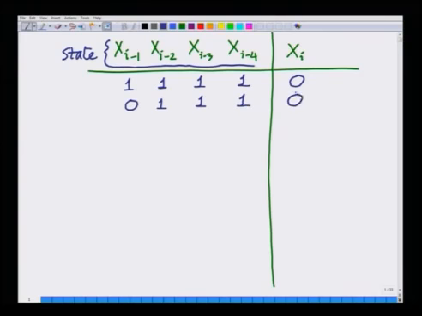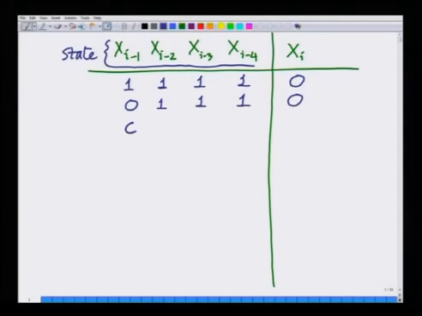Now we can again continue the same process, that is xi becomes xi minus 1, xi minus 1 becomes xi minus 2, and so on, and xi for the next state is 0. Alright. So, continuing in this fashion, let me fill out the rest of the entries.